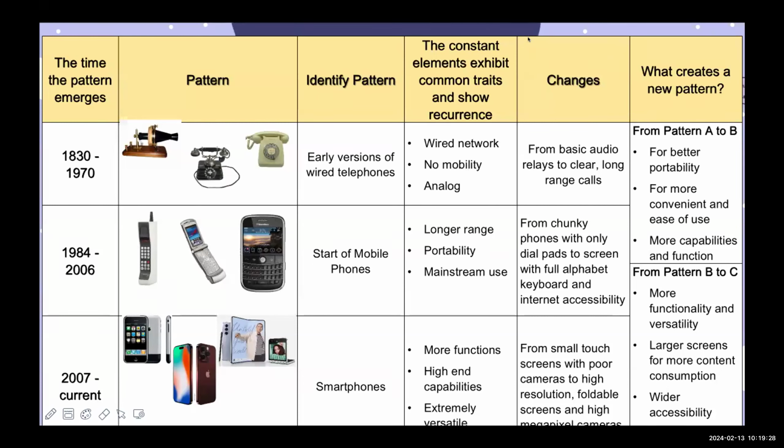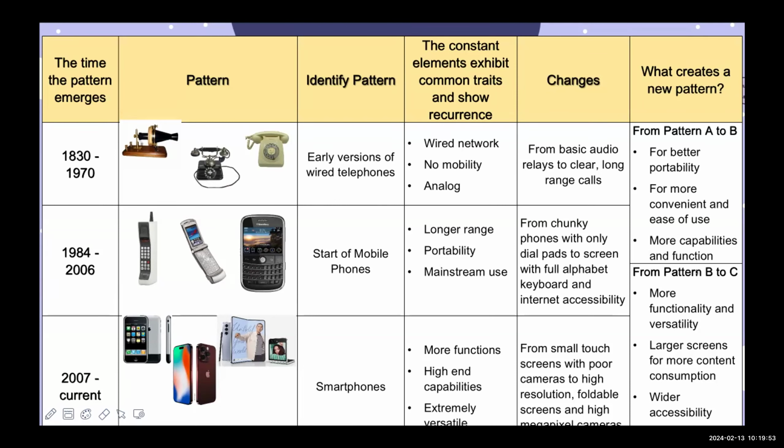For example, BlackBerry phones started having internet connections where you can send emails. They also started having cameras and a lot of other things, so they included a lot more capabilities. And the last pattern is smartphones that we're all aware of and have right now.